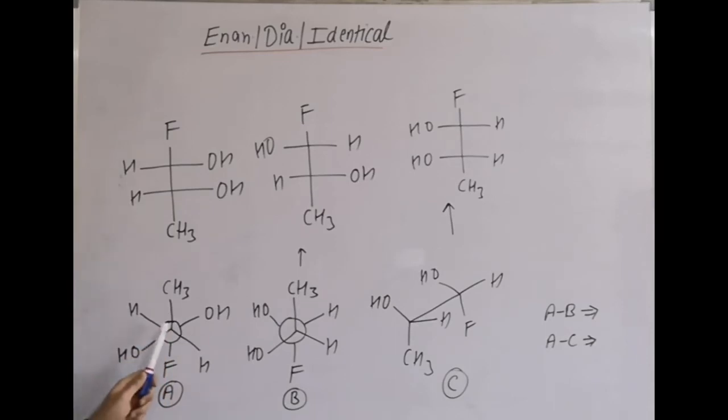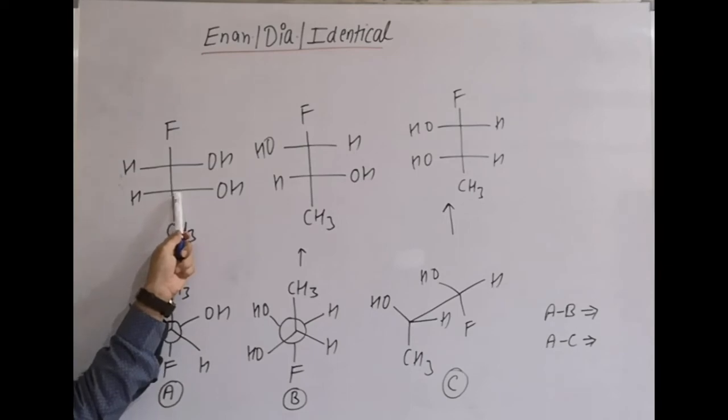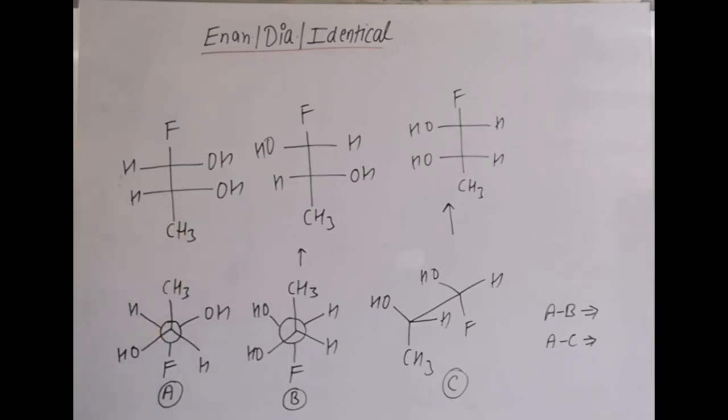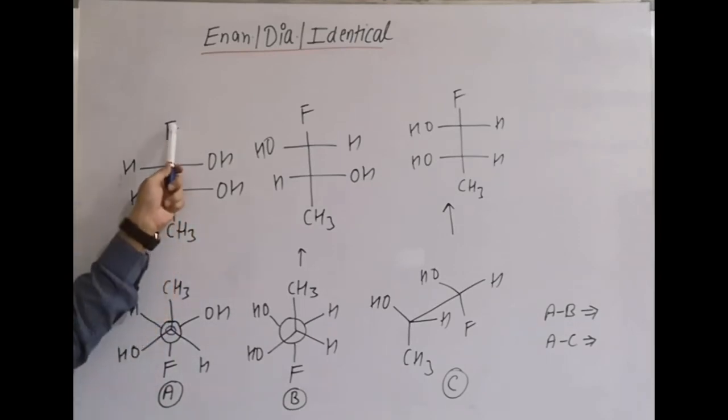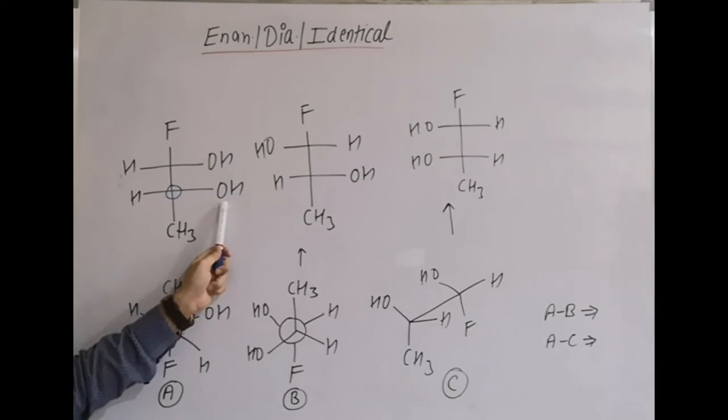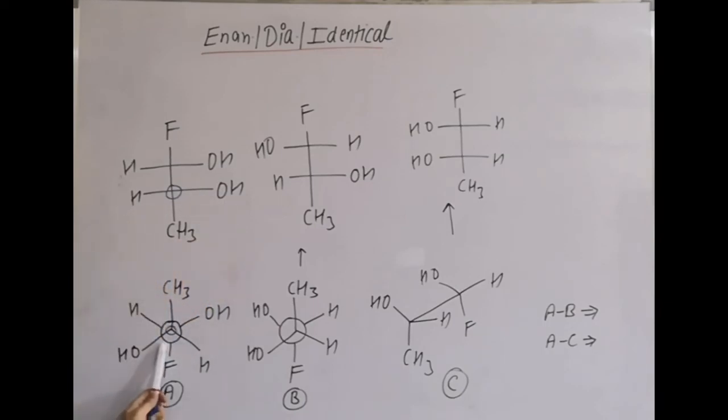In Newman, if we write in the Y form, the front carbon is the lower chiral carbon in the Fischer projection. Now exactly copy it: CH3 in front of F, OH on the right side, H on the left side.